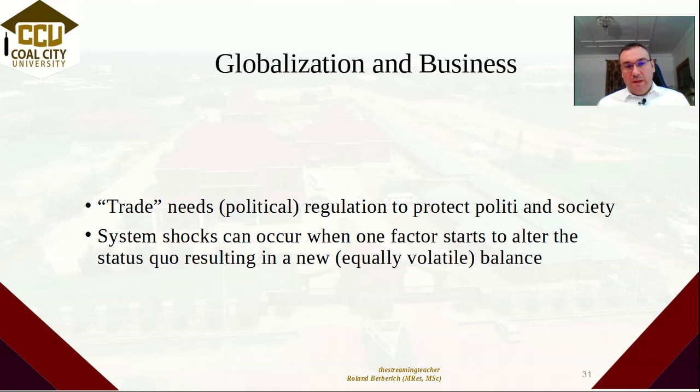However, trade and what happens through trade needs political regulation in order to protect politics and society. Obviously, when you have external influence, and you have that automatically when you are trading internationally, this will affect domestic politics and domestic society.